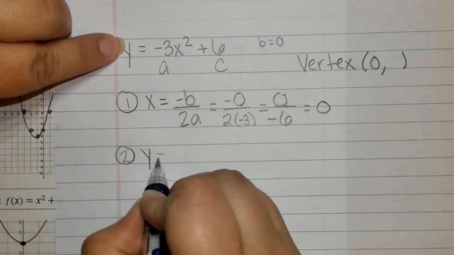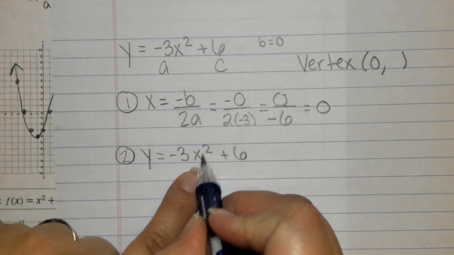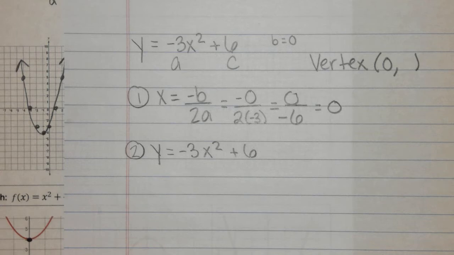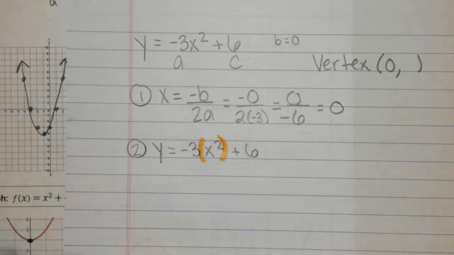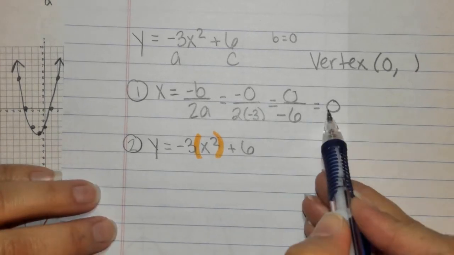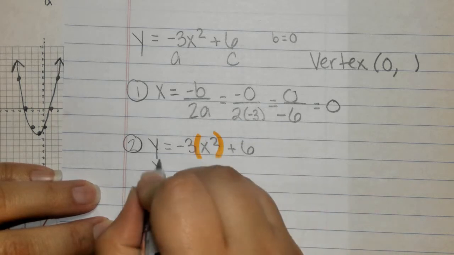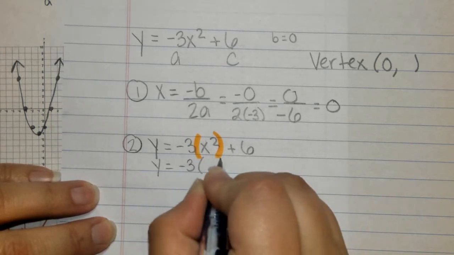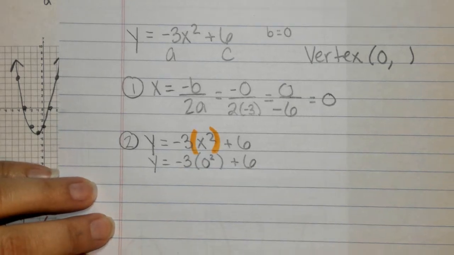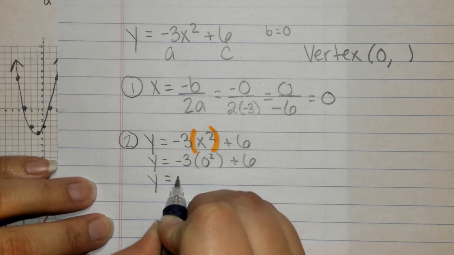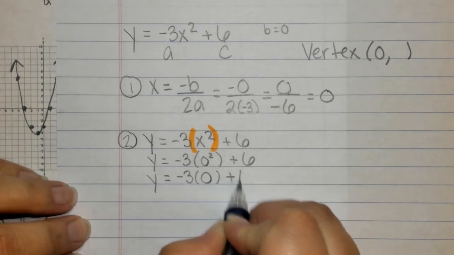we go back to this equation. We find the x. Is there a number in front? Yes. Because there's a coefficient or a number in front, we put parentheses around the x. And that 0 goes into x. Just plug it in. So negative 3 times 0 squared plus 6. 0 squared is 0 times 0, which is 0.